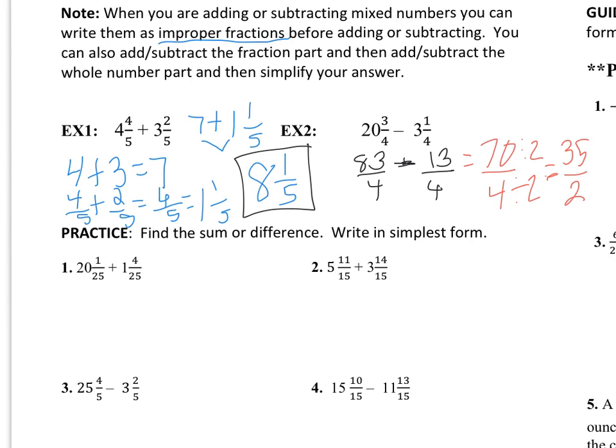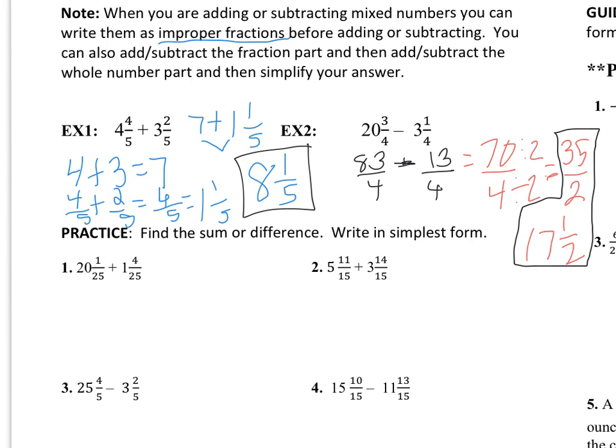Now I can take the 35 over 2 and divide that and create the mixed number. So 35 over 2 turns into 17 1/2. So both answers are correct. If I wanted to leave 35 over 2 as my answer, or if I wanted to convert it back to a mixed number, 17 1/2.